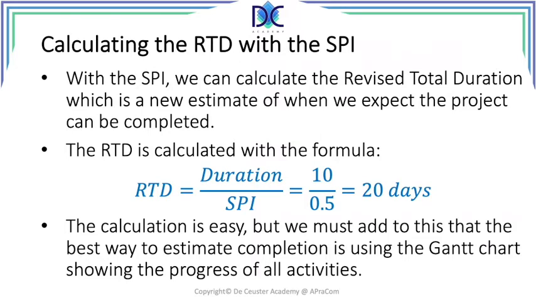There are some other parameters I don't want to discuss here, but basically, when we look at the estimation of the duration of the project, it's better to look at the Gantt chart and see what is happening.